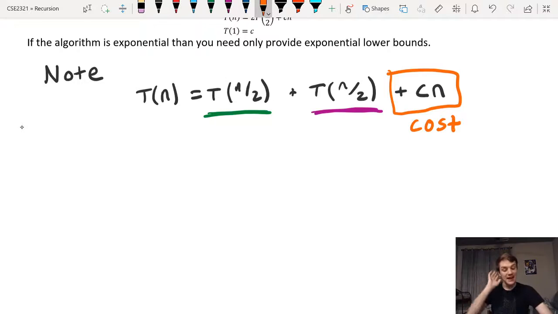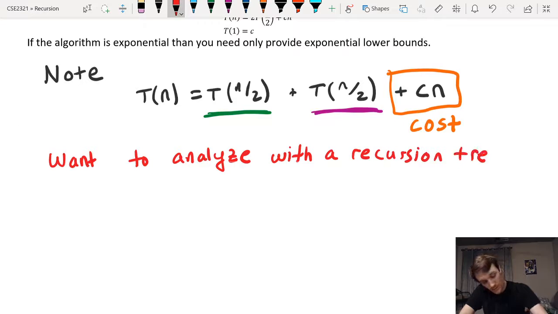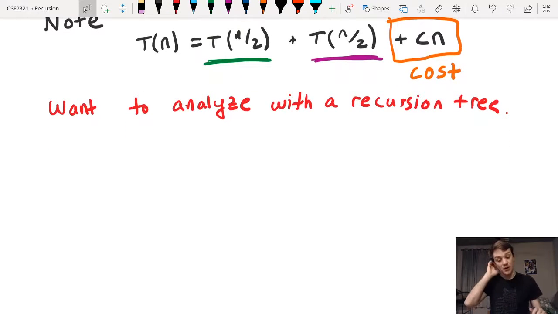We are going to try to analyze this with something called a recursion tree. So, let's do it. The recursion tree is a visual representation of how we are computing this value.